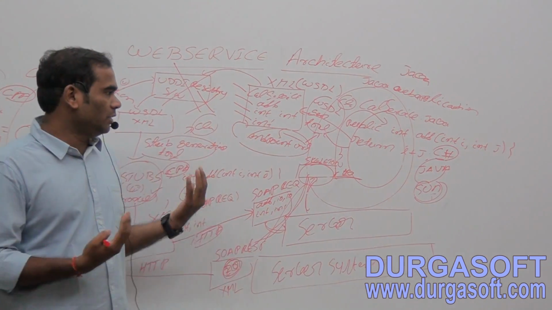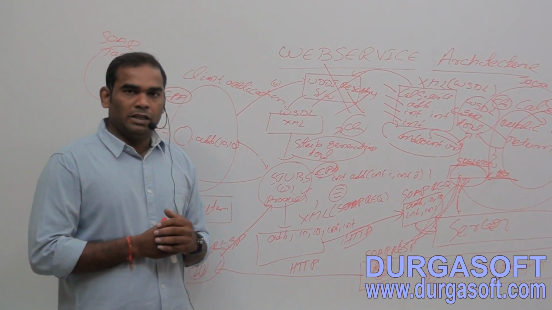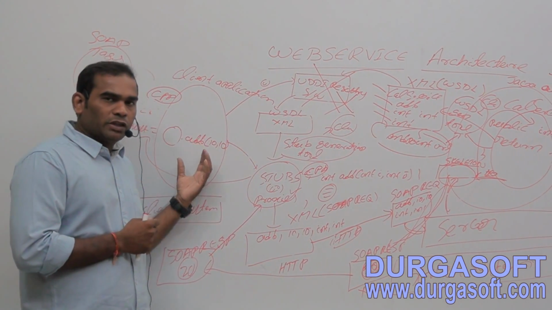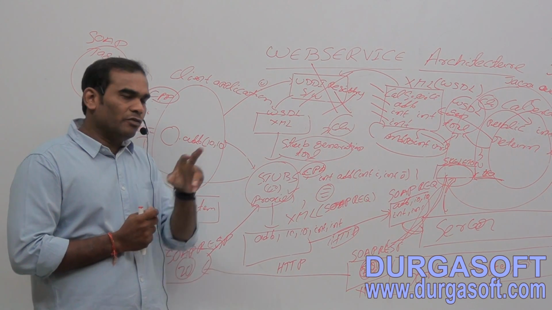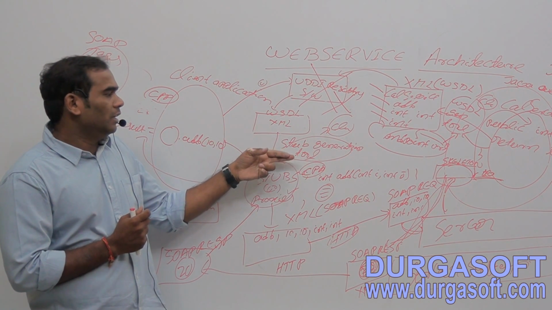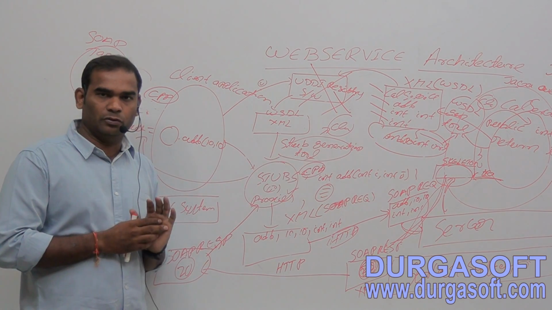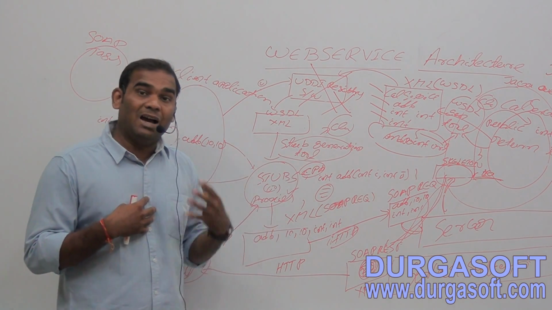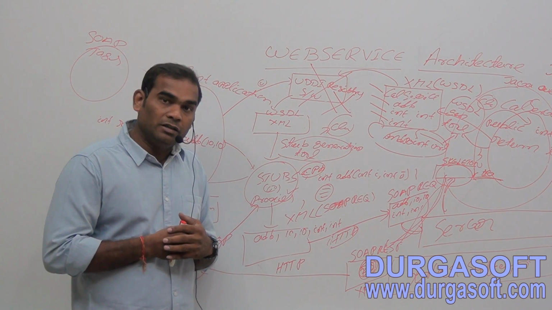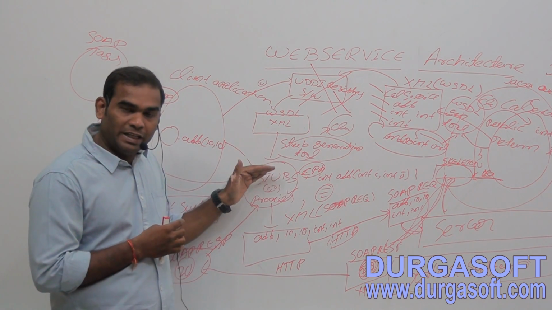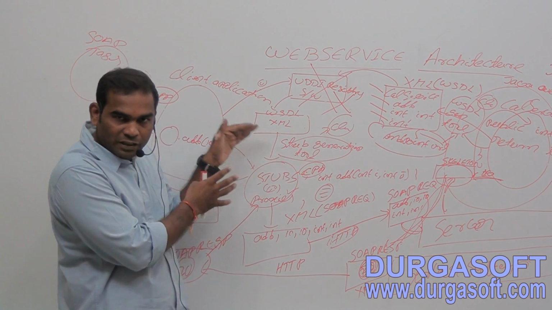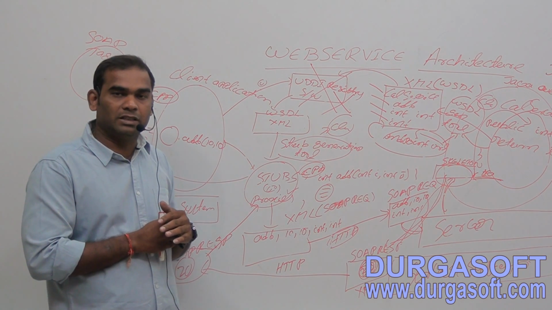Now I'm a client. I want to develop this client application. If you want to invoke some methods from the web services, what is the prerequisite? What does the client need? The client needs the stub generation tool. If the client has this stub generation tool, he can generate the stub, create the stub object, and invoke the methods.